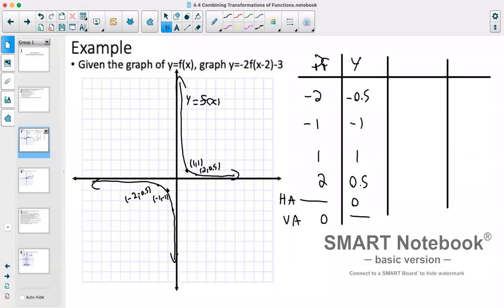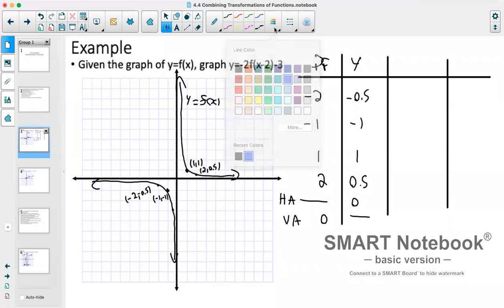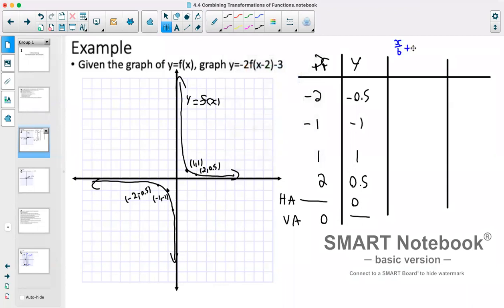So next we'll find our new points. In doing so, we'll use that point equation. So that's x over b plus h and ay plus k. So our first thing is figure out where our values are. So if we've got negative 2 here, that's our a value. We don't have a number in front of this x, so b is technically equal to 1.